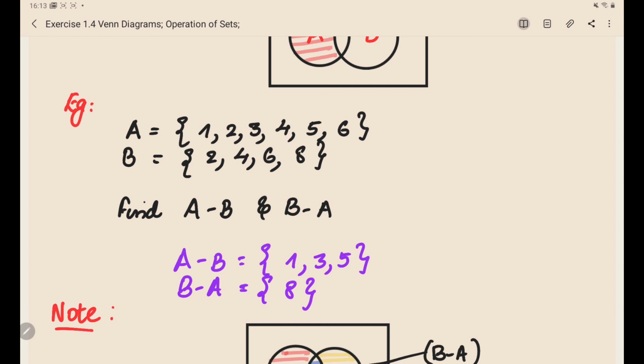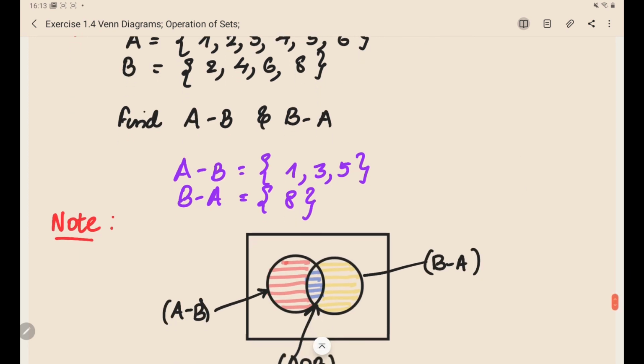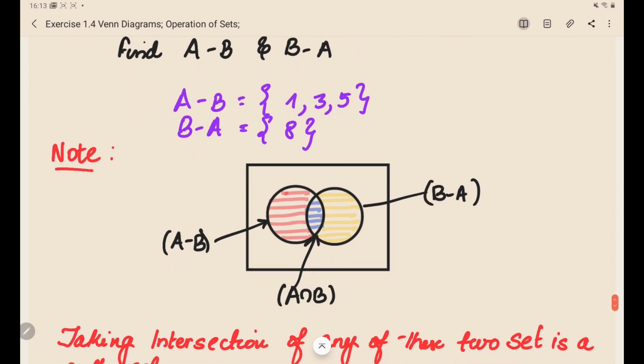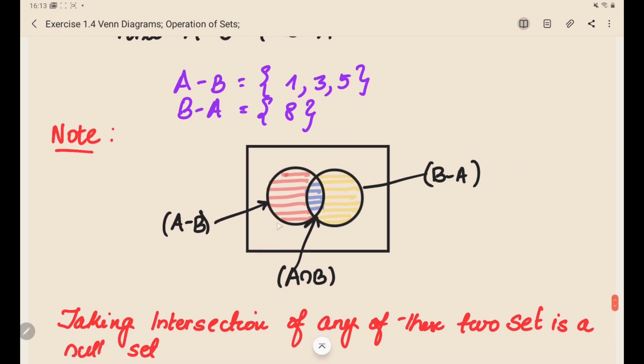I hope it's clear. Now a special note which will be useful for you in the further sections when we are discussing practical problems on unions and intersection. We have already learned about different sets and about union and intersection. So what is this part which is denoted by red lines?